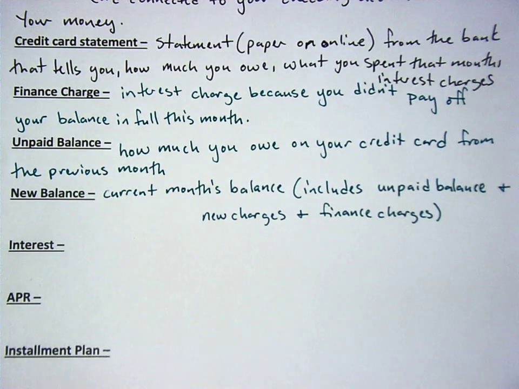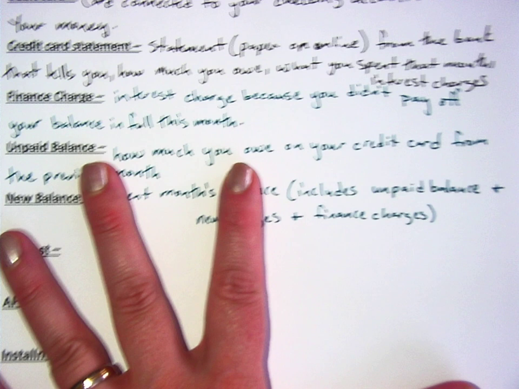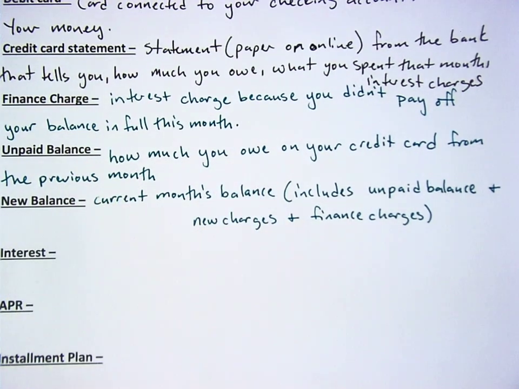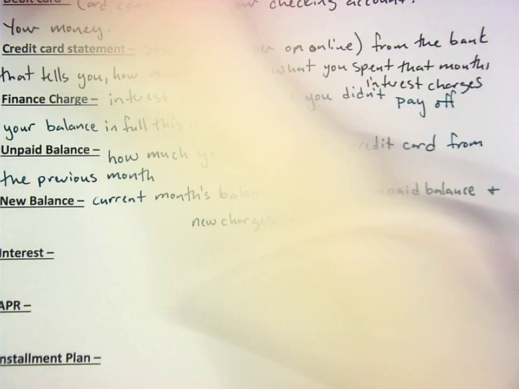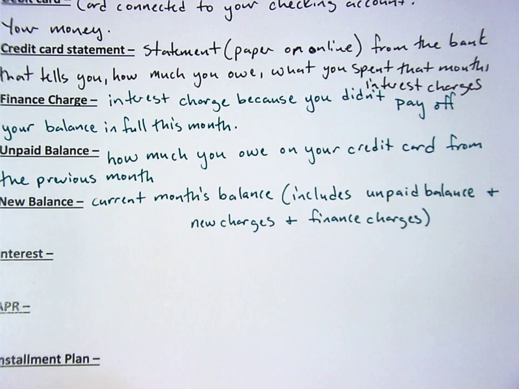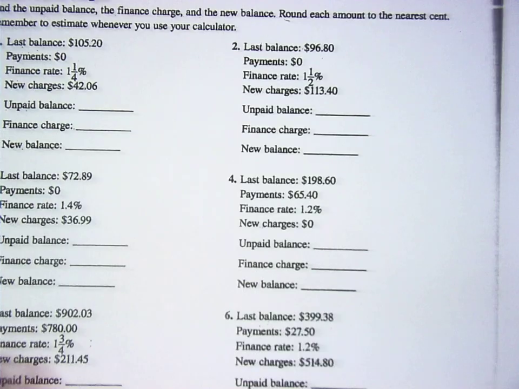Okay. So we're gonna try this. Let's try number 1 and number 6. Your homework tonight on this credit card finance charge worksheet is just worrying about number 1 through 6. 7 through 11 we'll worry about tomorrow.